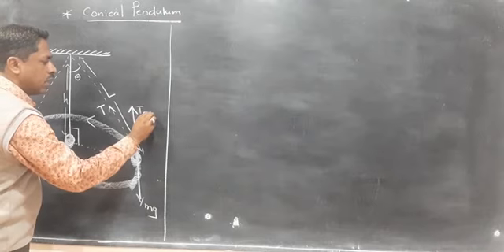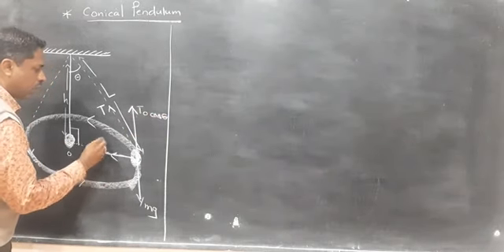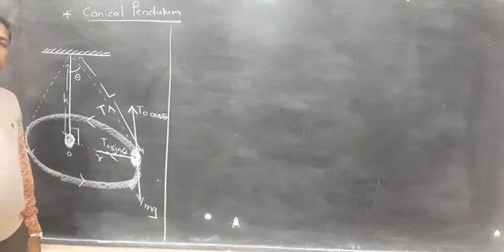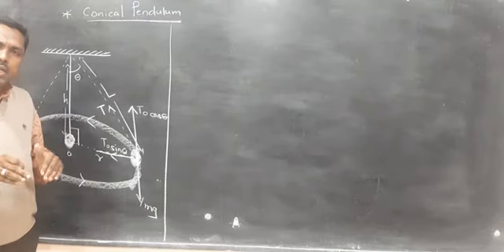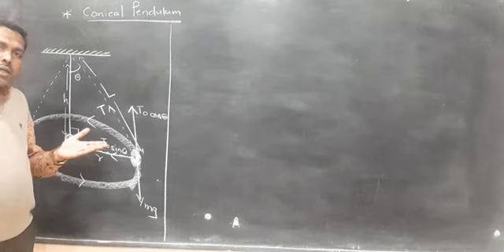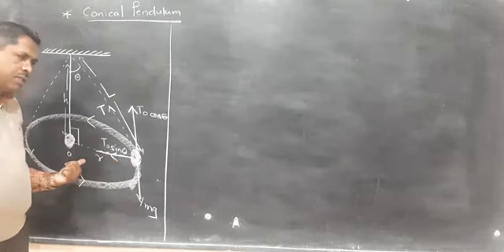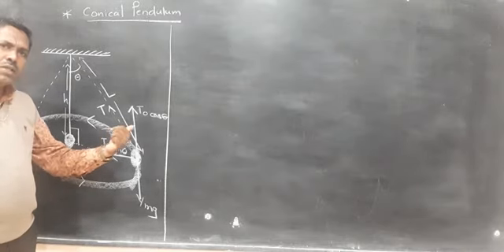The tension is resolved into two components. One is T0 cos theta, another is T0 sin theta. What do we understand by these components?